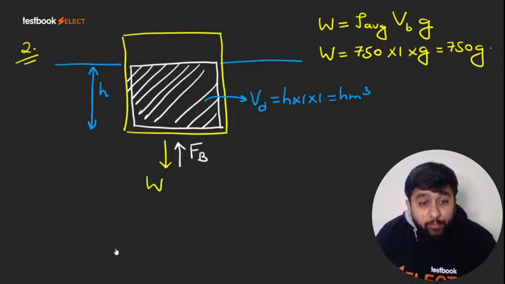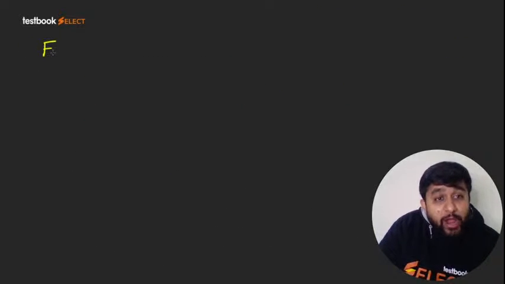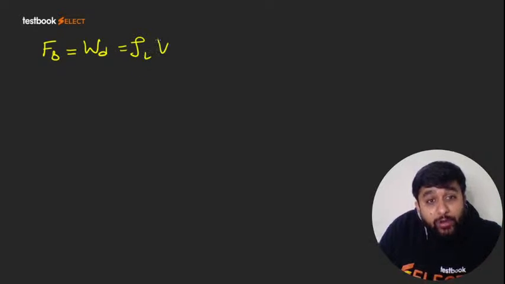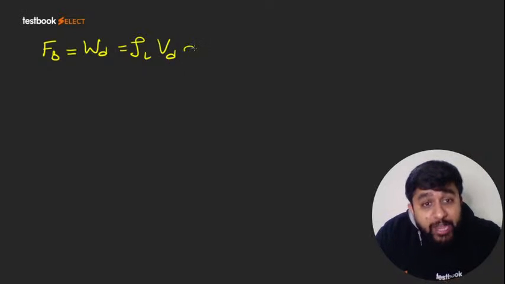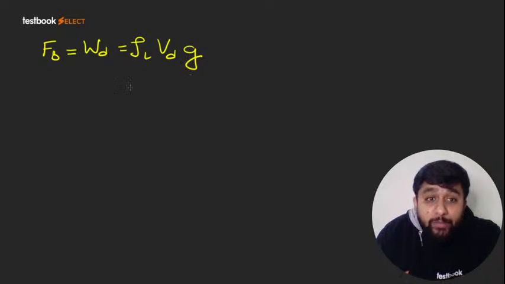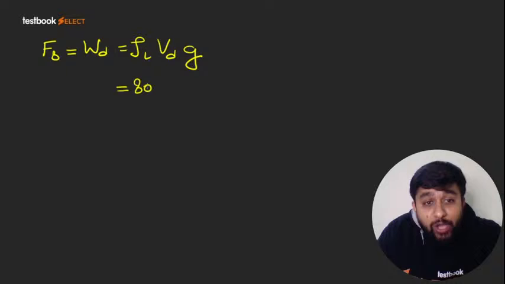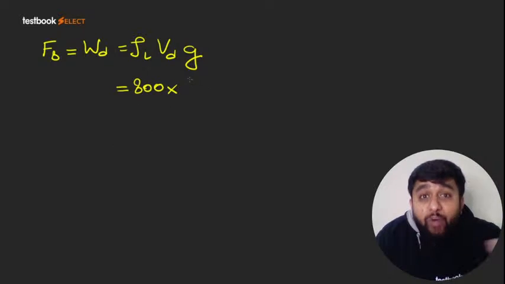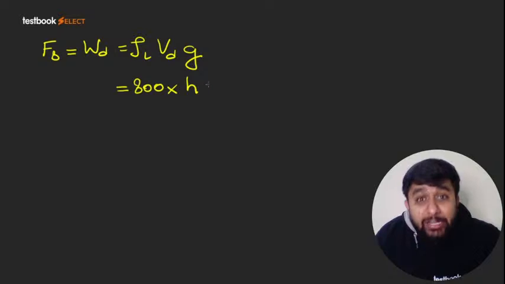You write buoyant force as the weight of fluid displaced. That will be the density of the liquid into volume of liquid displaced into acceleration due to gravity. Now, the density of the liquid is 800 kg per meter cube. The volume of the displaced liquid is h meter cube, into g.